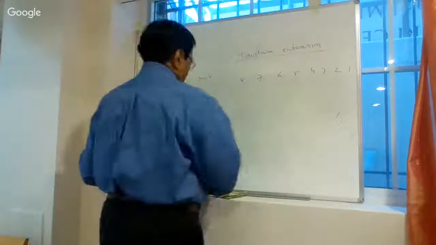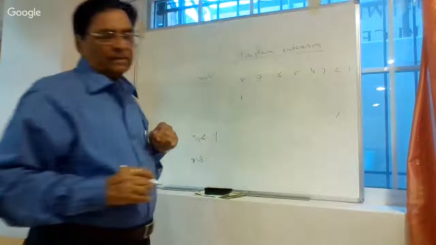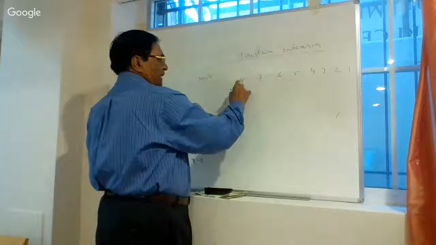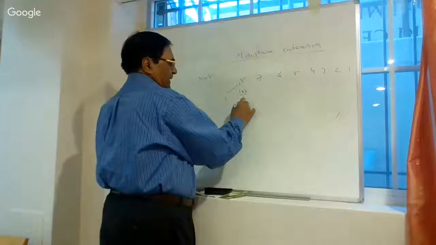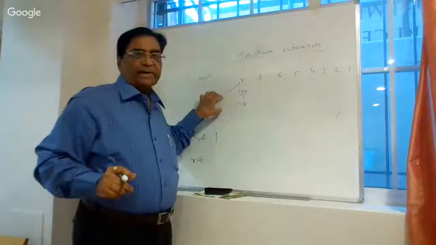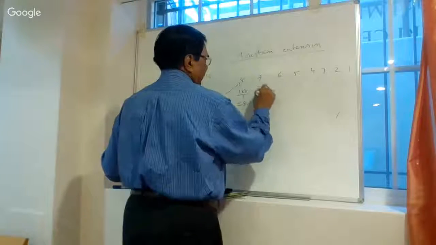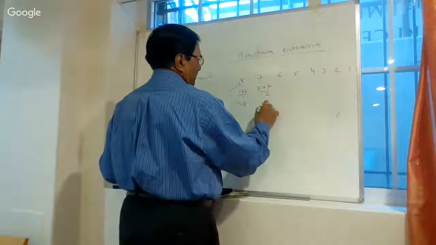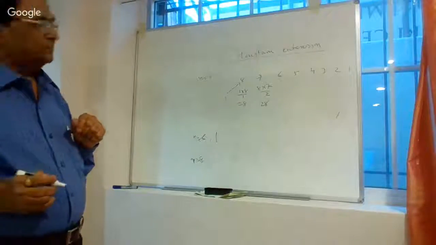Okay. Now we start with this one. 1. Then I put 1 here. 1 into 8, it is 8. What have I done? One term is left. Okay. Now 8 into 7 by 2, 28.